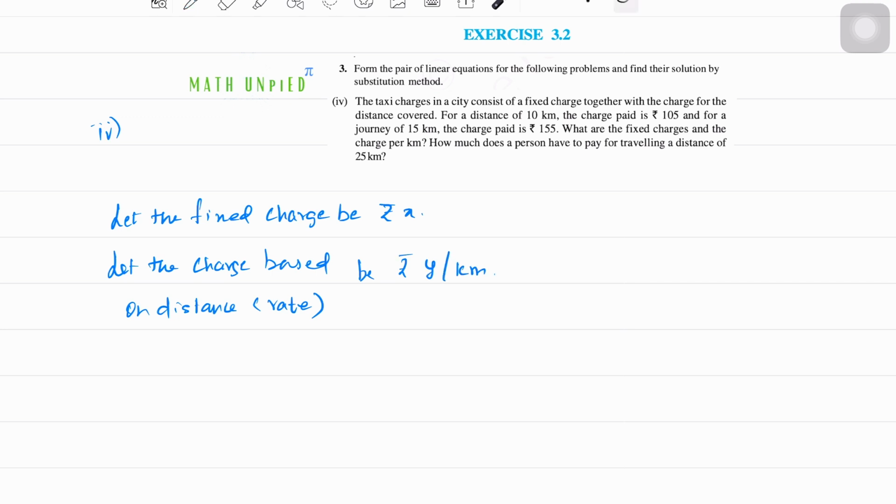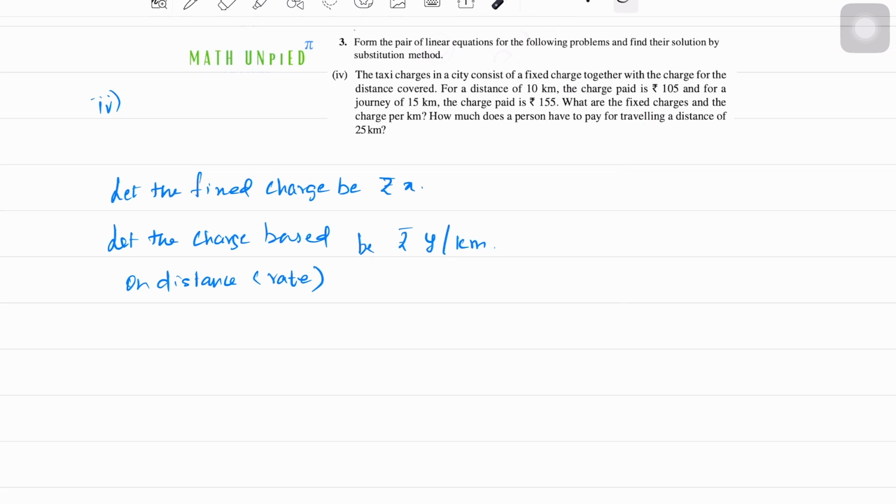So this is clearly based on the distance. So now we can form the equation. In the first scenario, for a distance of 10 kilometers, the charge paid is 105. So X plus 10 times Y equals 105, or X equals 105 minus 10Y. So let this be equation 1.